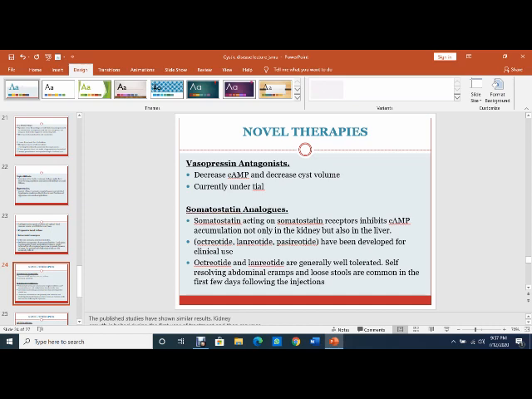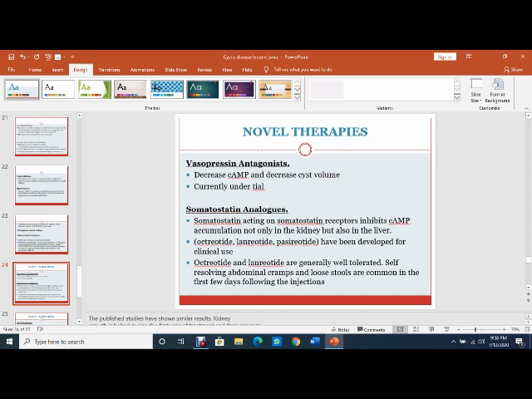Nowadays, some novel therapies are recommended for the treatment of polycystic kidney disease. One is vasopressin antagonists. They decrease cyclic AMP and decrease the cyst volume, and are still currently under trial. Next, somatostatin analogs: somatostatin acting on the somatostatin receptor inhibits cyclic AMP accumulation not only in the kidney but also in the liver.